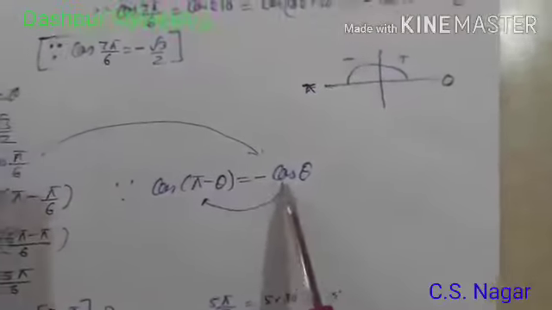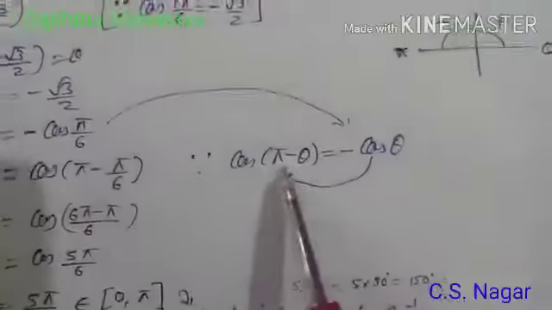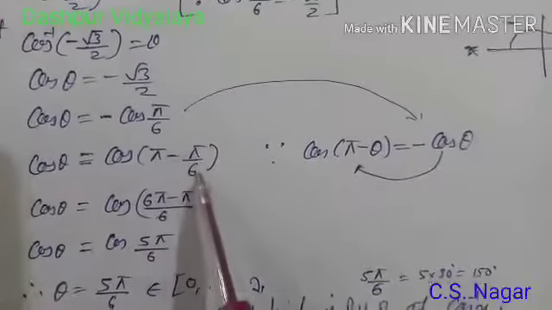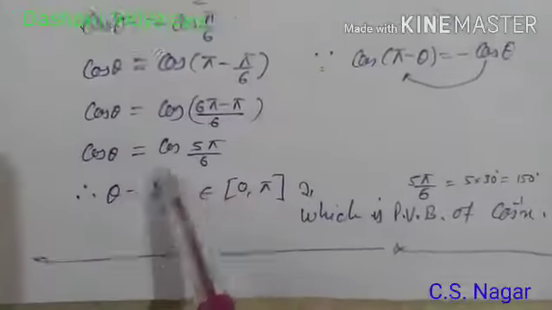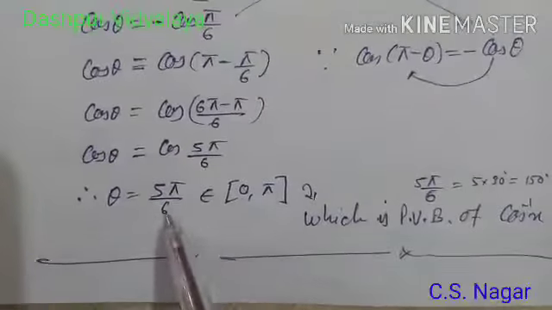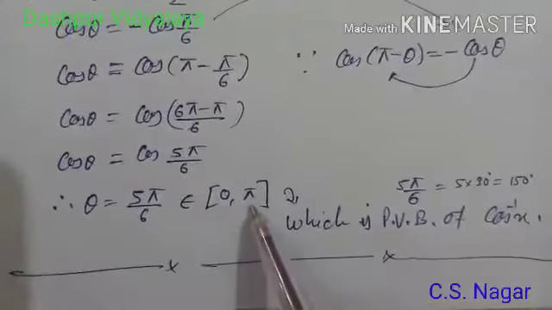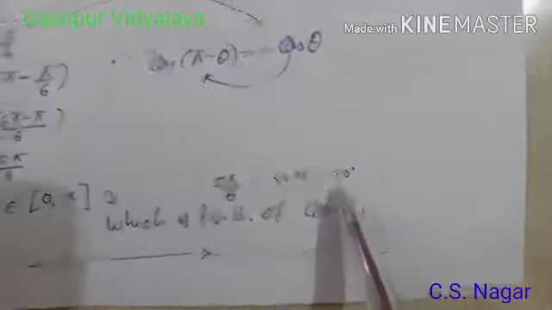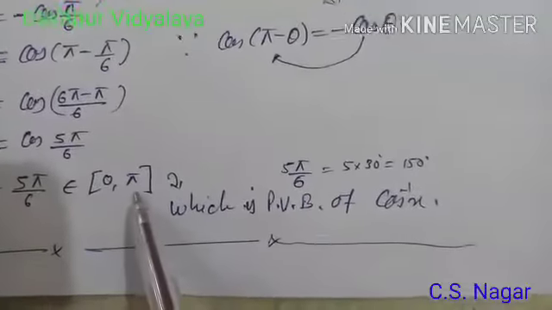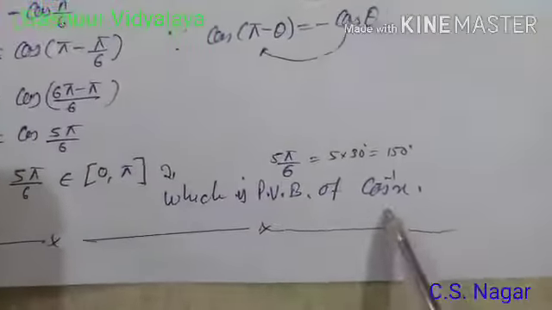So in place of minus cos theta, we write pi minus theta. So pi minus pi by 6, taking the LCM, is 5 pi by 6. On comparing, theta is equal to 5 pi by 6, which belongs to 0 to pi. 5 pi by 6 means 30 into 5, which is 150, and 150 is between 0 and 180, which is the PVB of cos inverse x.